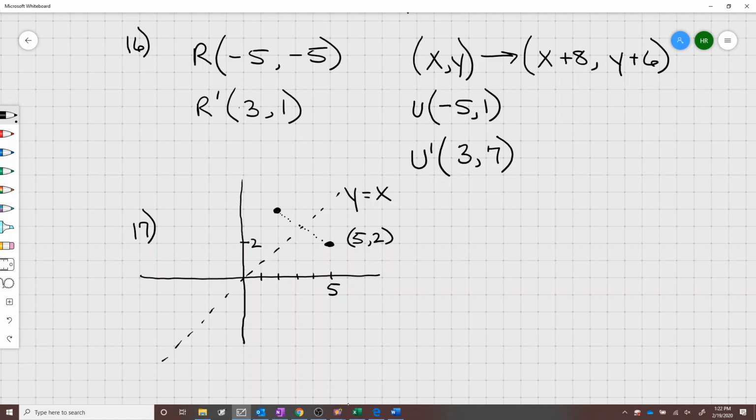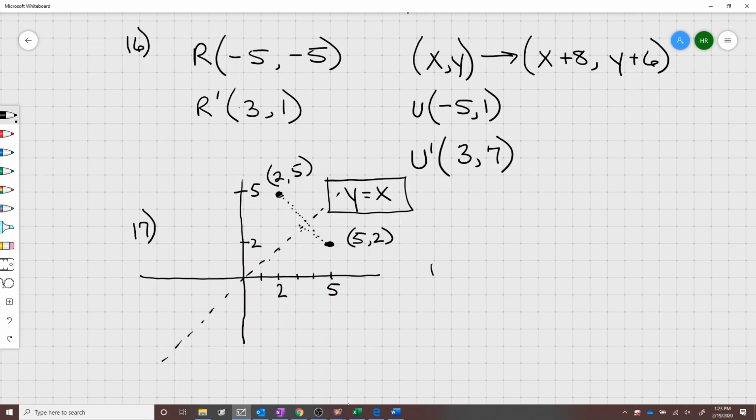I'm sorry, it should have gone to there, otherwise that line wouldn't have been perpendicular. There we go. See that? So where are we at now? Now we're at 2, 5. So when you reflect across y equals x, what do you do to the coordinates? You just switch them, don't you?